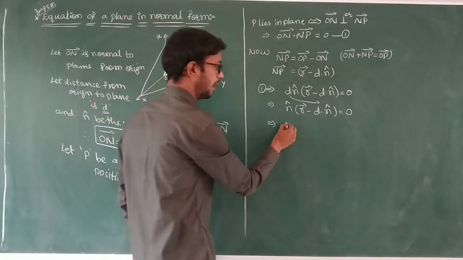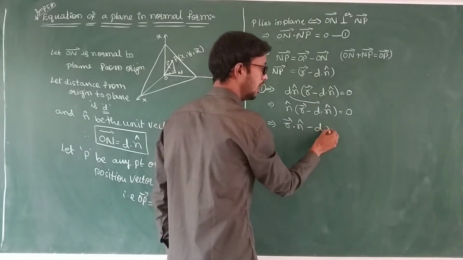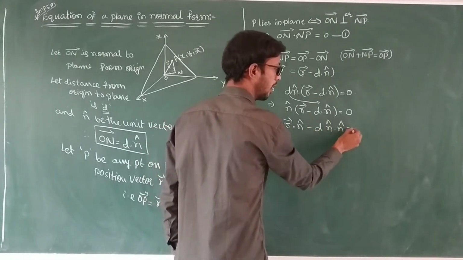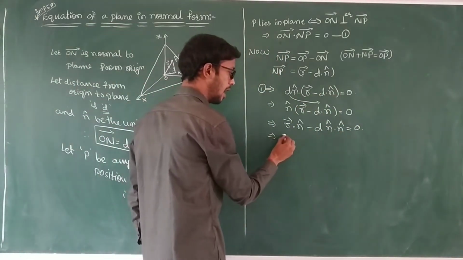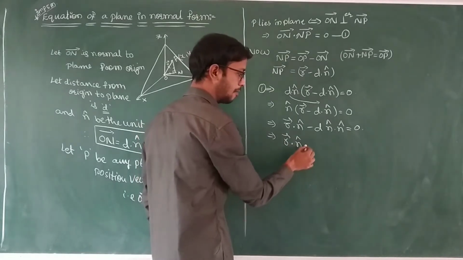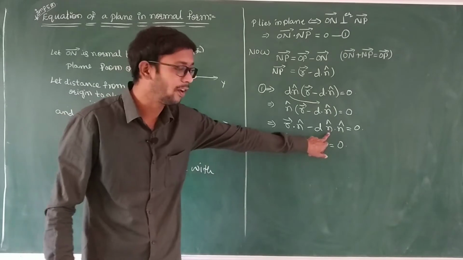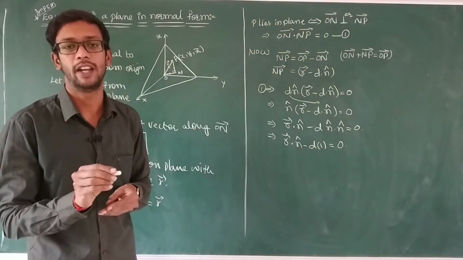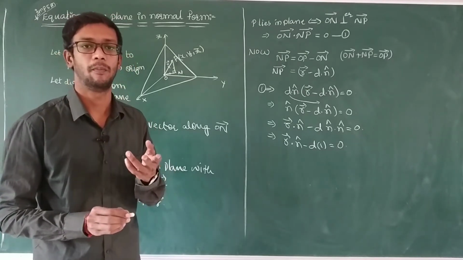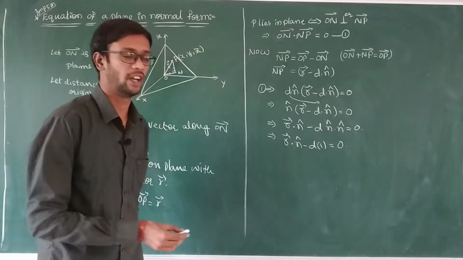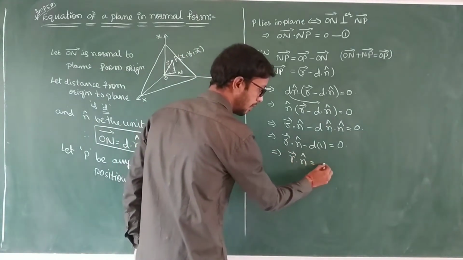Now multiply inside: r bar dot n cap minus d into n cap dot n cap equals 0. So r bar dot n cap minus d into 1 is equal to 0. Why are we writing 1? Because i cap dot i cap equals 1, j cap dot j cap equals 1; the dot product of a unit vector with itself gives 1. So now r bar dot n cap is equal to d.